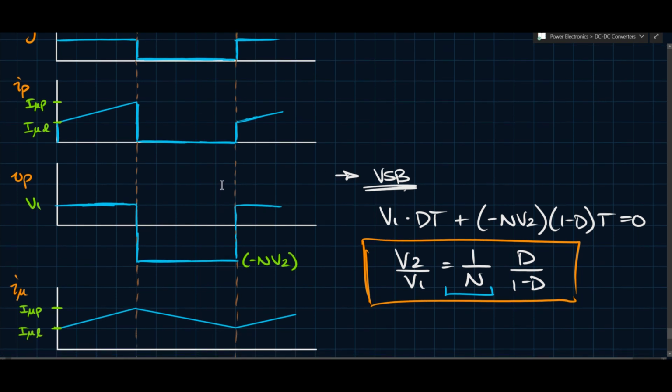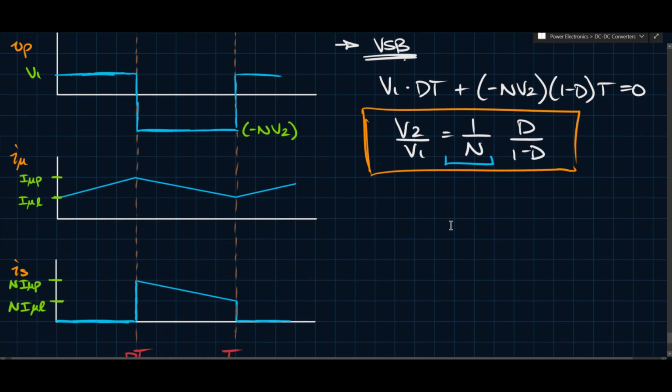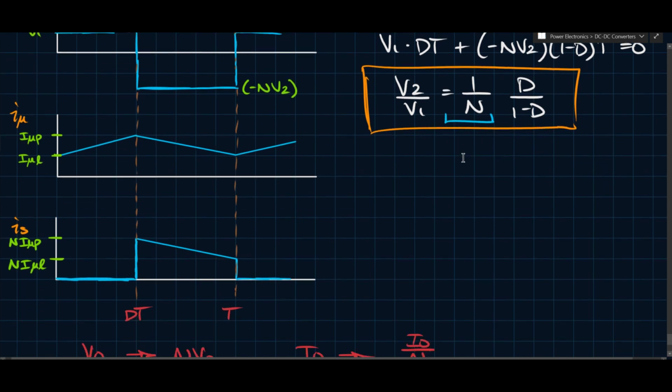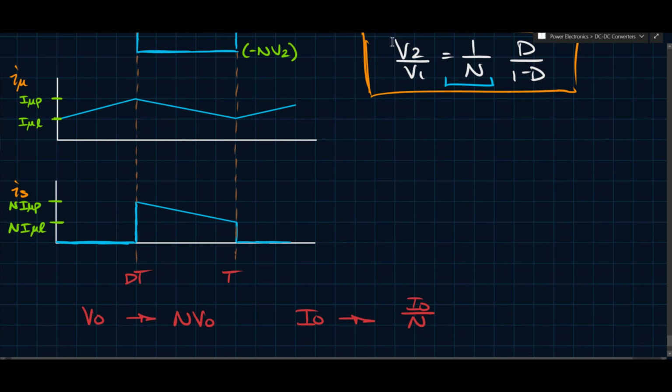Based on VP, we did the volt-second balance, and we found that the conversion ratio in CCM is exactly as it was in the non-isolated version, just with this 1 over n factor, which is consistent with the nVO. So that would be nV2, it's the output.